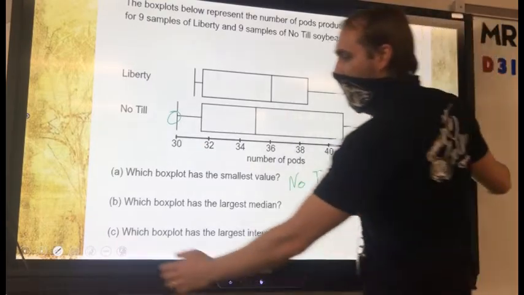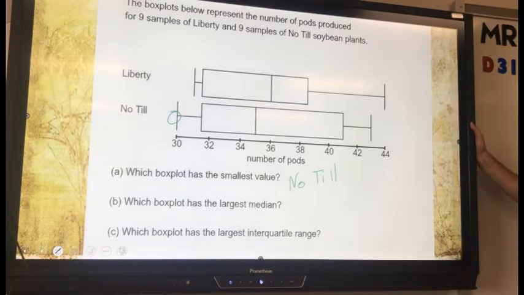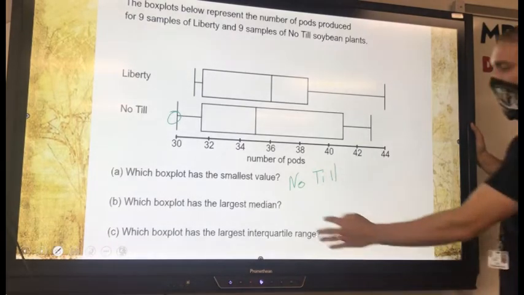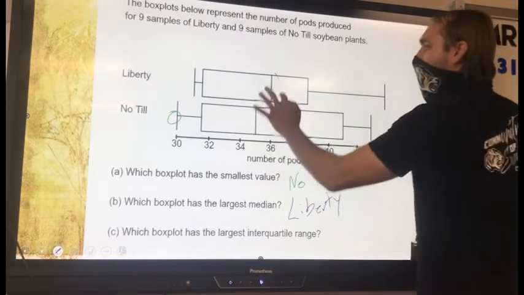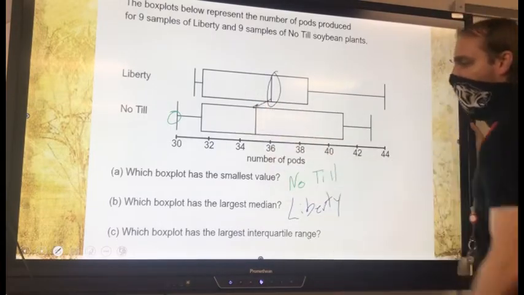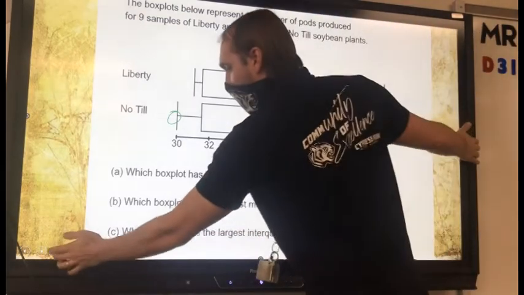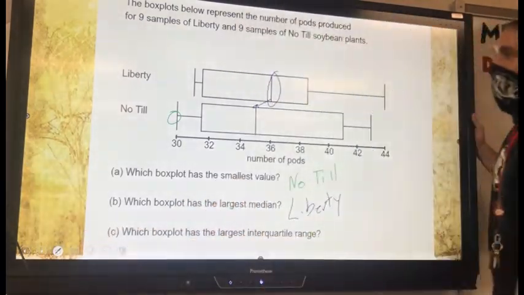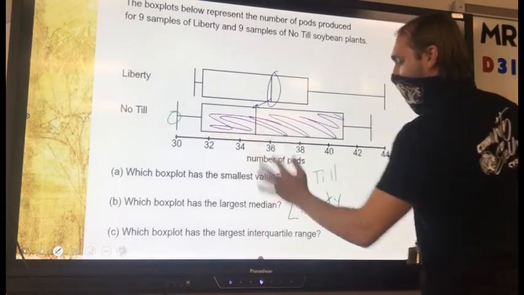Had the smallest value. Which box plot has the largest median? Liberty, very good. I see right here, greater than this value. And which box plot has the largest interquartile range? Obviously, no-till, right? Had the biggest range.